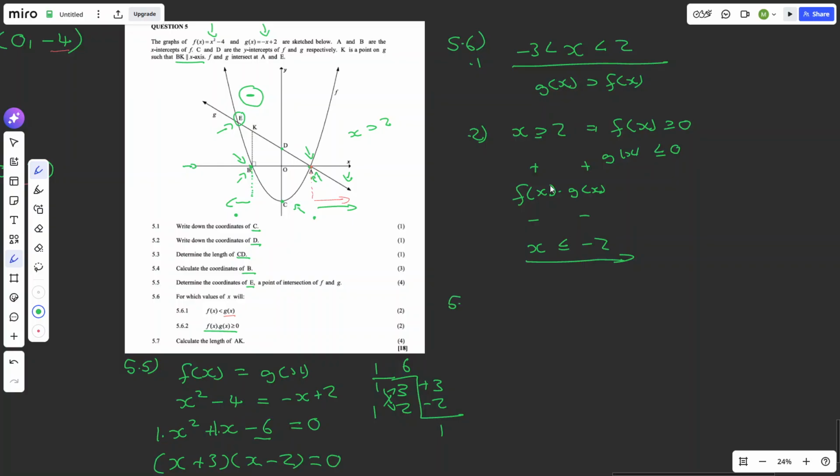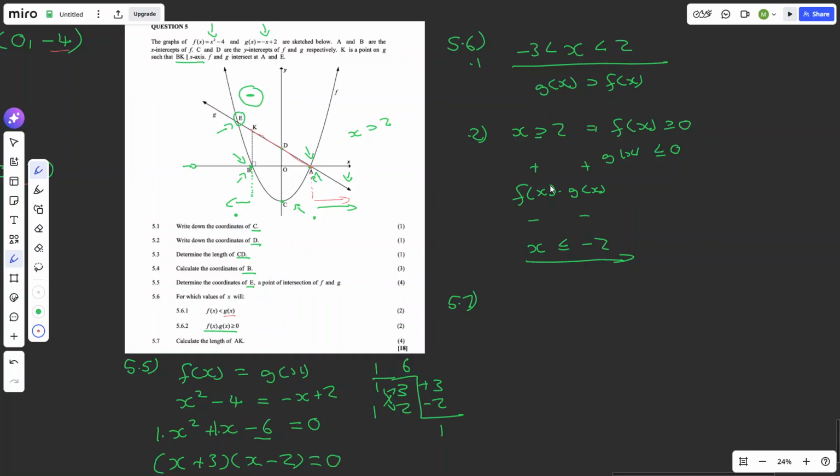So now let's finish off with our last question. In our last question, we want to find the length of AK. So AK goes from here all the way to that point up there. But how do you go about doing it?